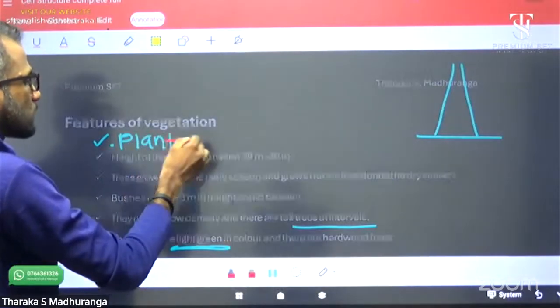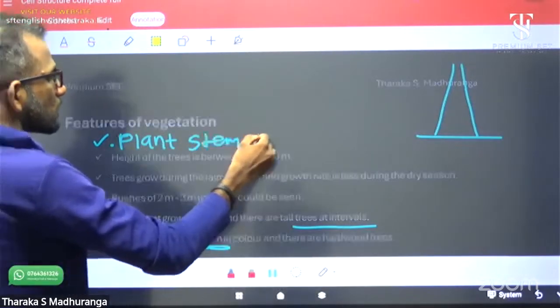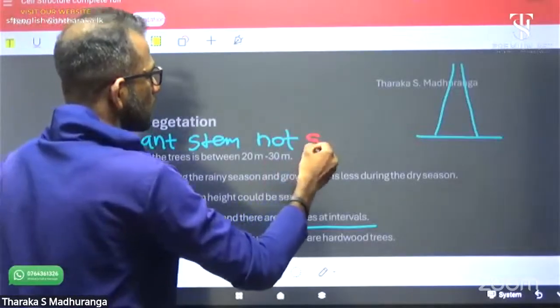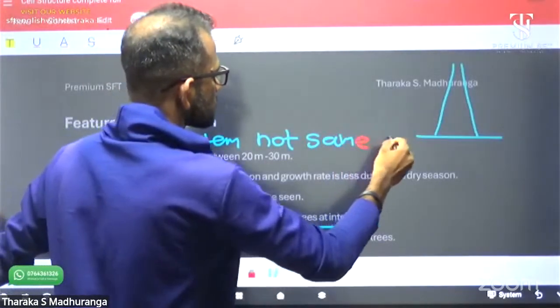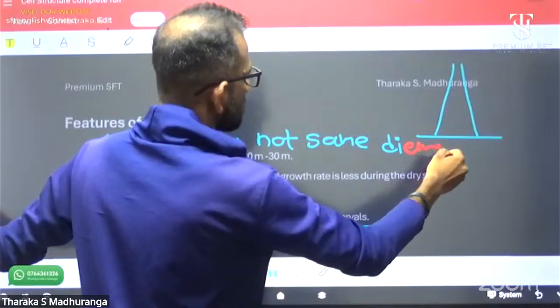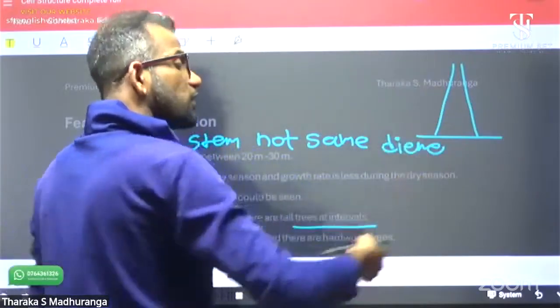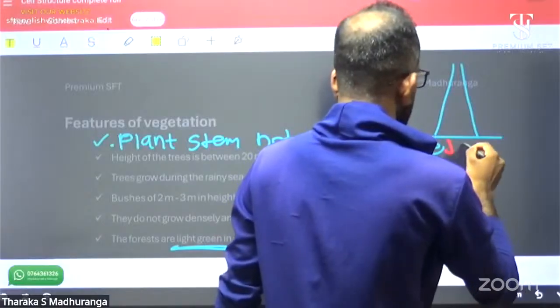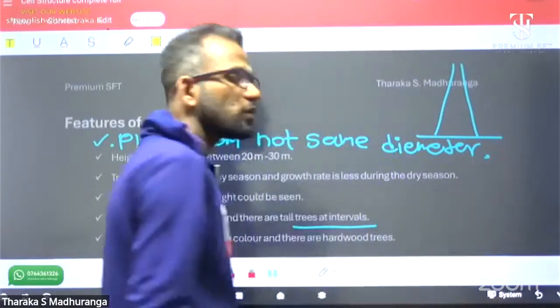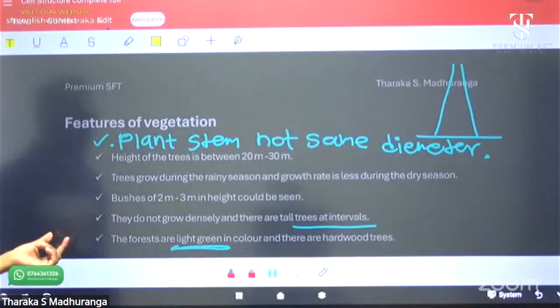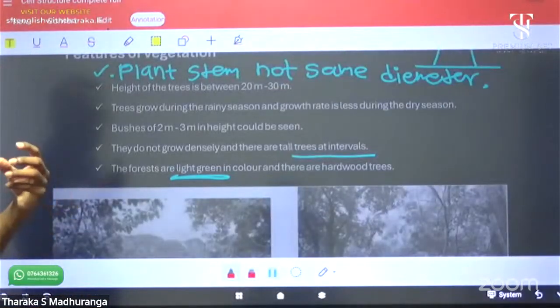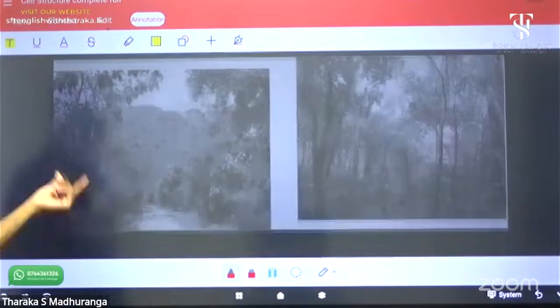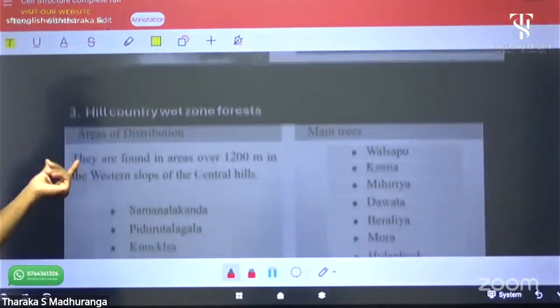The plant stem is not the same diameter, it's changing. But in wet evergreen forest, it's the same diameter. Okay, they are the differences of dry mixed evergreen forest.